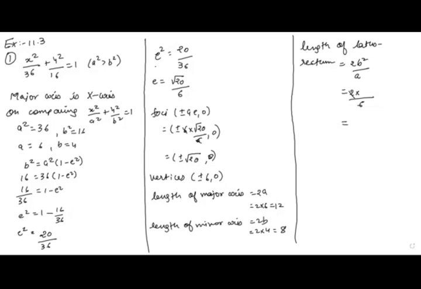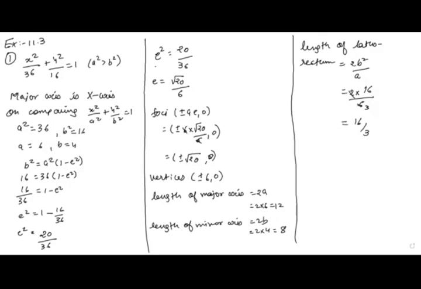Sorry, value of b square is 16 and not the 4. 4 is the value of b. So we have to keep the value of b square. So here it will be 16 by 6. The value will be 16 by 3 and not 4 by 3.